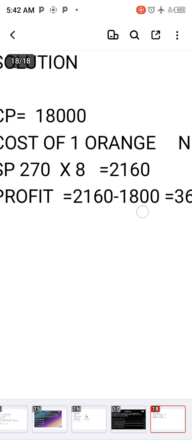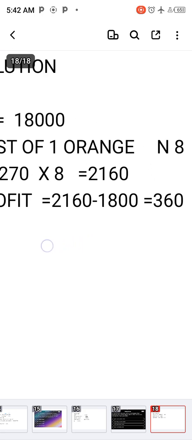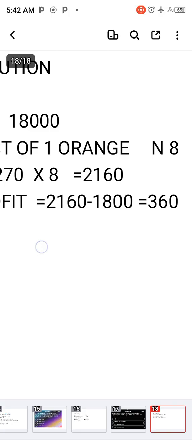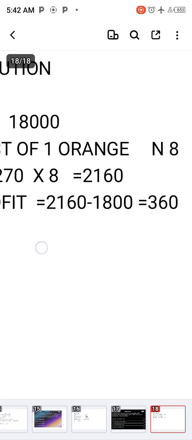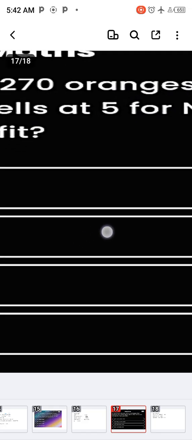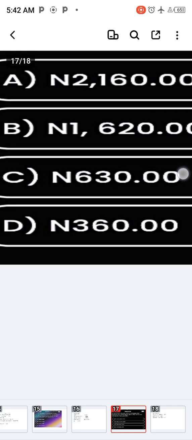So for the total 270 oranges, the selling price will be 270 times 8, which is 2,160. Then the profit is just 2,160 minus 1,800, and the answer is 360. And that is the correct answer. And the correct option from the question is option D.